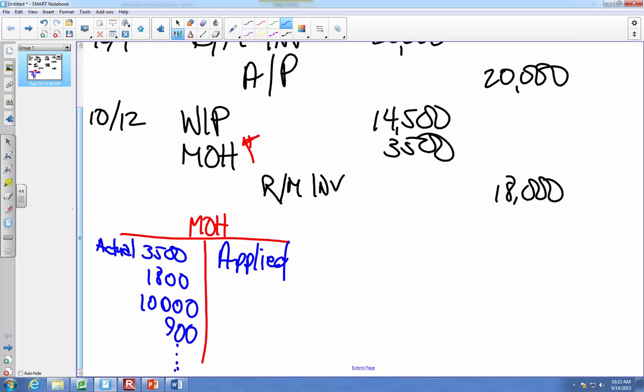When do I do my predetermined manufacturing overhead rate? Yeah, ahead of time, right? It's an estimate. And then I use that rate to apply overhead to different jobs. Are these going to equal out? No. Sometimes it can, sometimes it won't. Probably never. So one side's going to be bigger than the other.